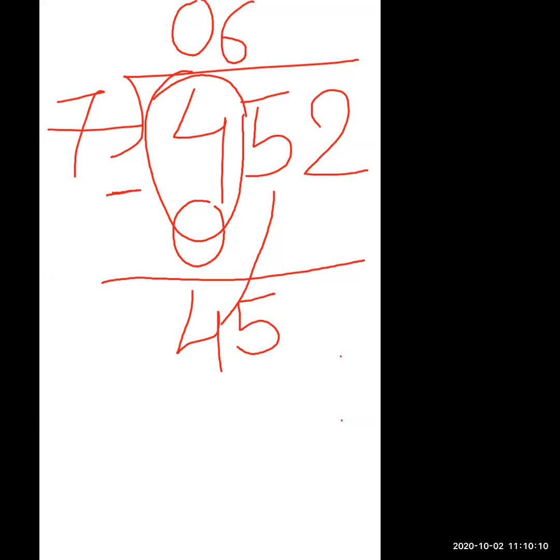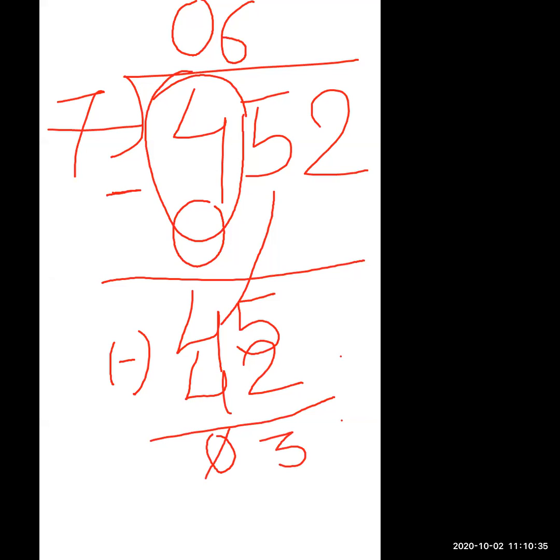Again the minus sign will come. 45 minus 42, the answer is 3. How? 5 minus 2 is 3, 4 minus 4 is 0. Don't take the 0 there. Our next number, 5, is over.